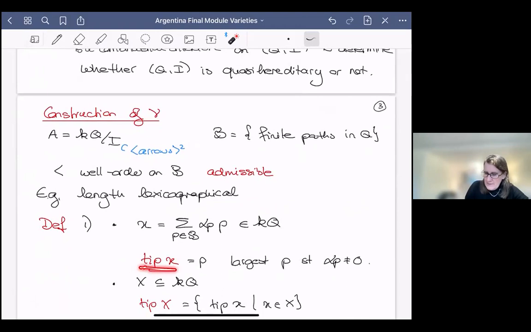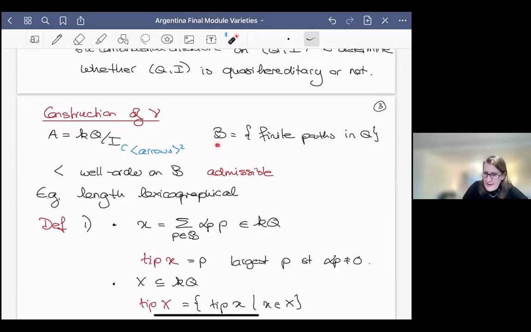So in some sense, it picks out the longest element, because what are our elements? Inside the path algebra, well, it's a vector space, and it has as basis the paths. So everything is going to be a linear combination of paths, where these are coefficients in the field.